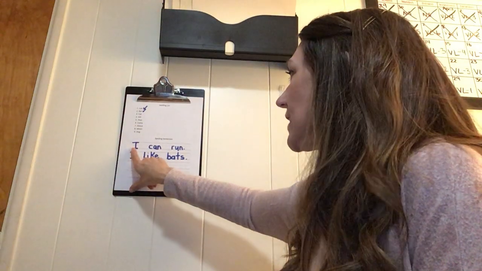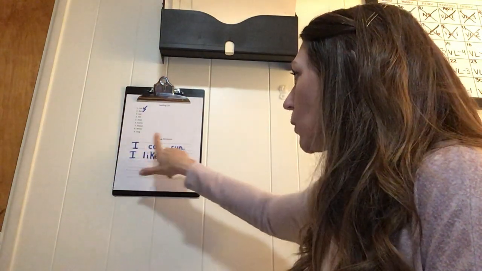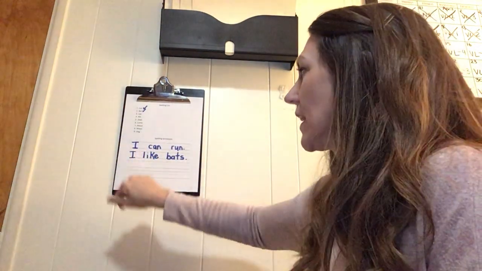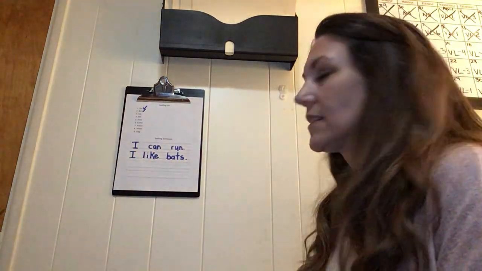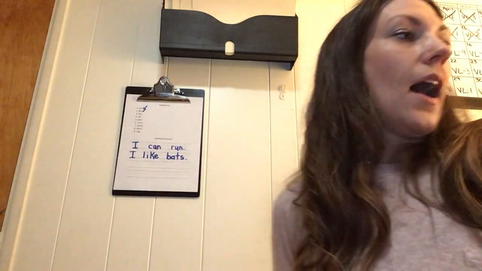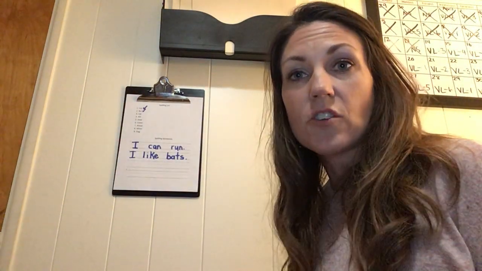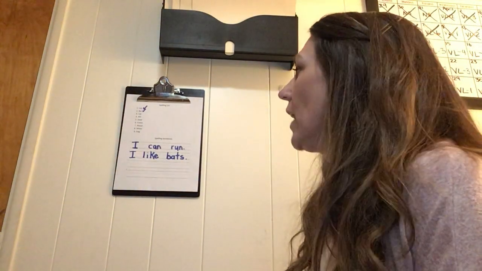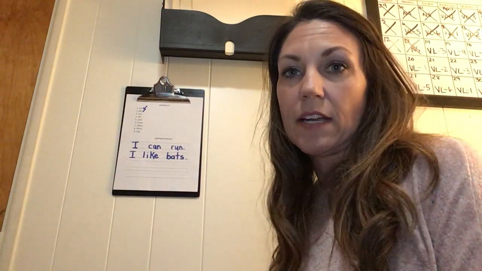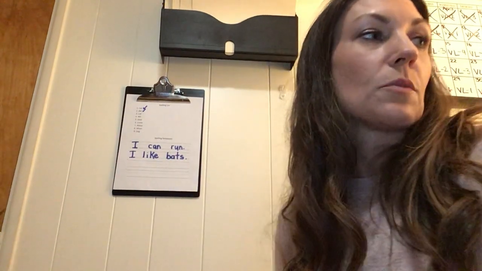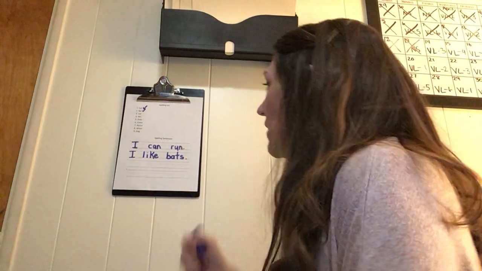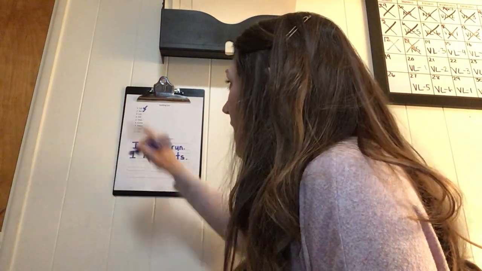So the first sentence they did, I can run, leaving adequate spaces between their words, and the second was I like bats. And so I provide instruction to this particular student and parent on some strategies they can use to now have the student try the last 2 sentences, spacing between their words appropriately. So one of the strategies I had given them, our next word is cats.